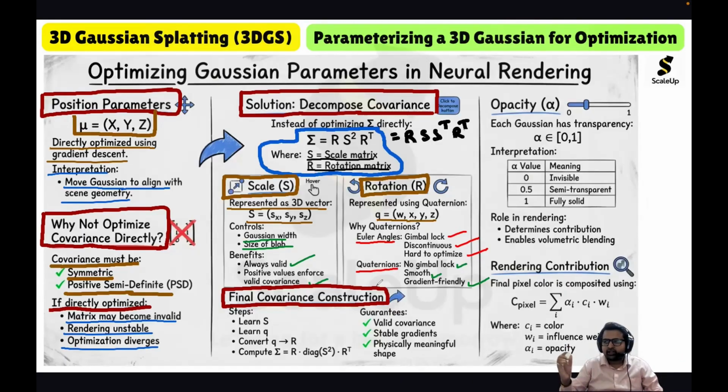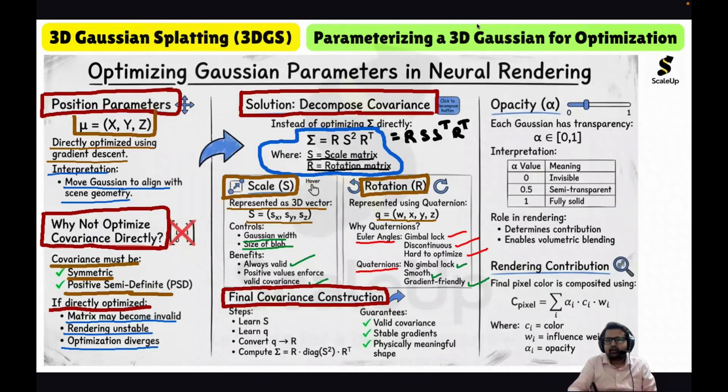The goal of optimization is to find the suitable values of scale, shape, and orientation for all the millions of Gaussians, so that the rendered image is very similar to the real image. That's the goal, to find those values. So we have to learn.